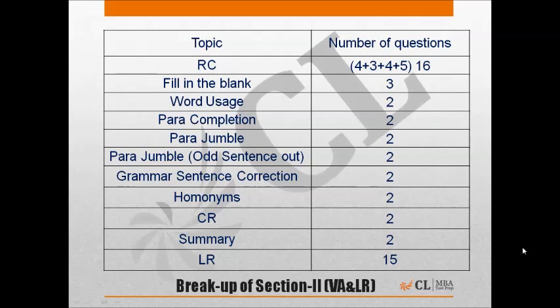We had 16 RC questions. The first RC had 4 questions, the next one had 3, then again 4 and 5. That is the breakup of the 4 reading comprehension passages that you had on this particular mock. When it comes to RCs, it's good to note that RCs have been progressively becoming tougher, since we try and aim to make our mocks as close to the actual CAT paper as possible, and that is why the RCs have exactly been the way that the actual CAT RCs are.